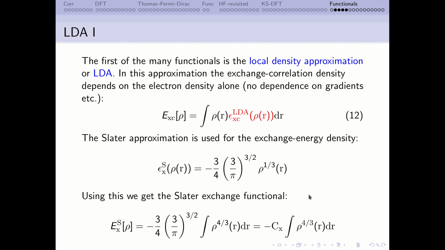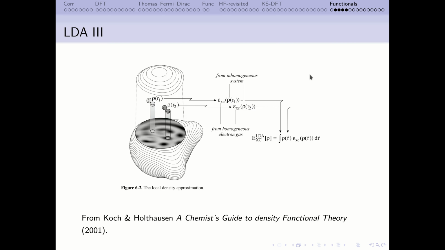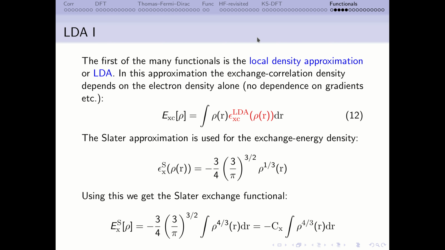One of the earliest approximations, which was actually provided by Kohn and Sham in their 1965 paper, was called the local density approximation. And there's a picture of how this works on the next slide, I believe. Oh, yes, it's coming up. Now, in the local density approximation, you can write down the exchange correlation energy as the integral over rho times this exchange correlation energy density.